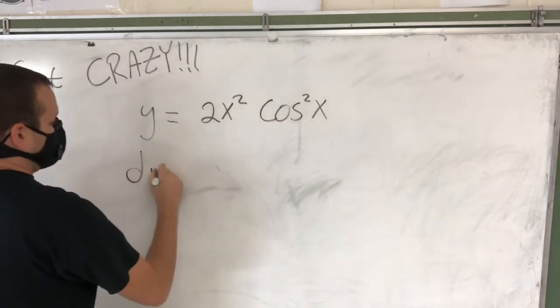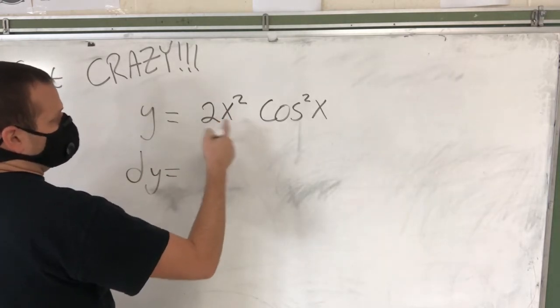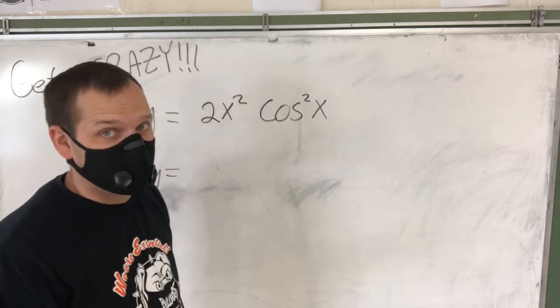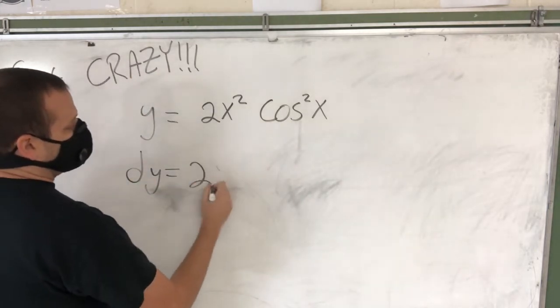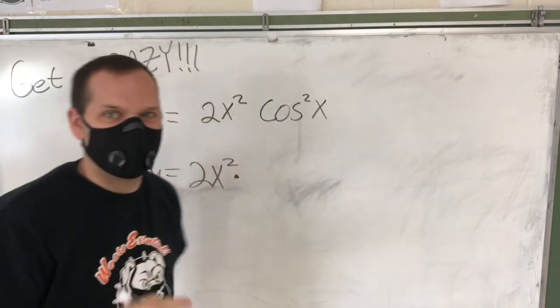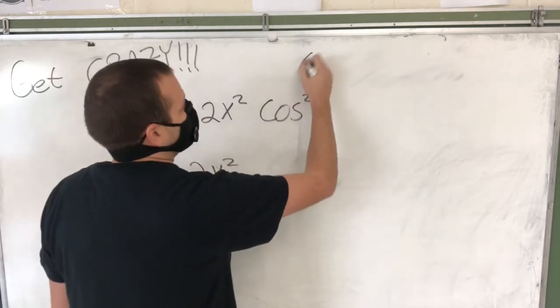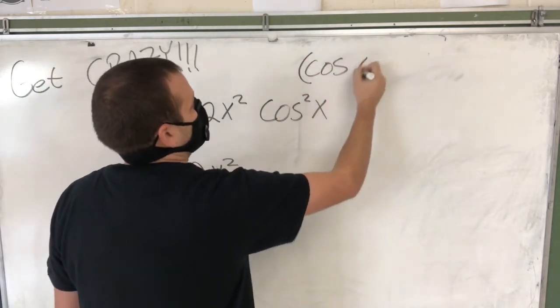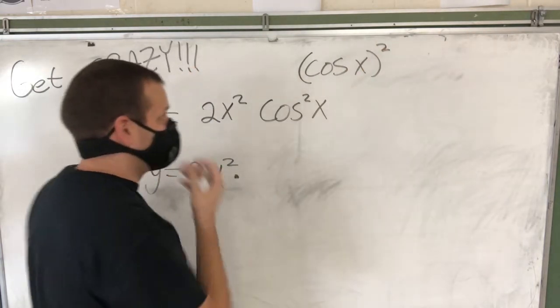So dy, the derivative of y, equals, let's see here, if you remember the product rule, it's the first times the derivative of the second. That gives you 2x squared times, what is the derivative of cosine squared x? Well, if you remember, this is really cosine x squared. Ooh, are we going to use the chain rule? We are going to use the chain rule.